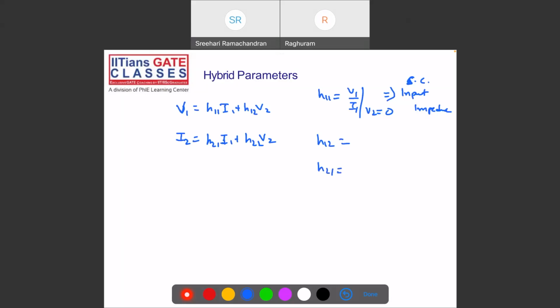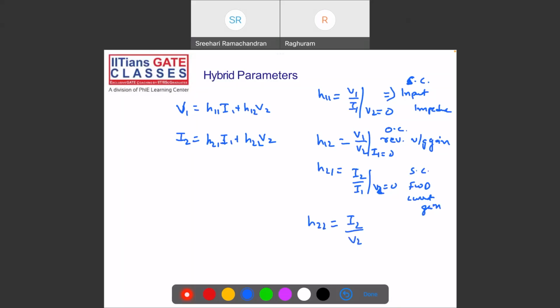H12 is V1 by V2 at I1 0, open circuit reverse voltage gain. H21 is I2 by I1 when V2 is 0, short circuit forward current gain. H22 is I2 by V2 when I1 is 0, open circuit output admittance.